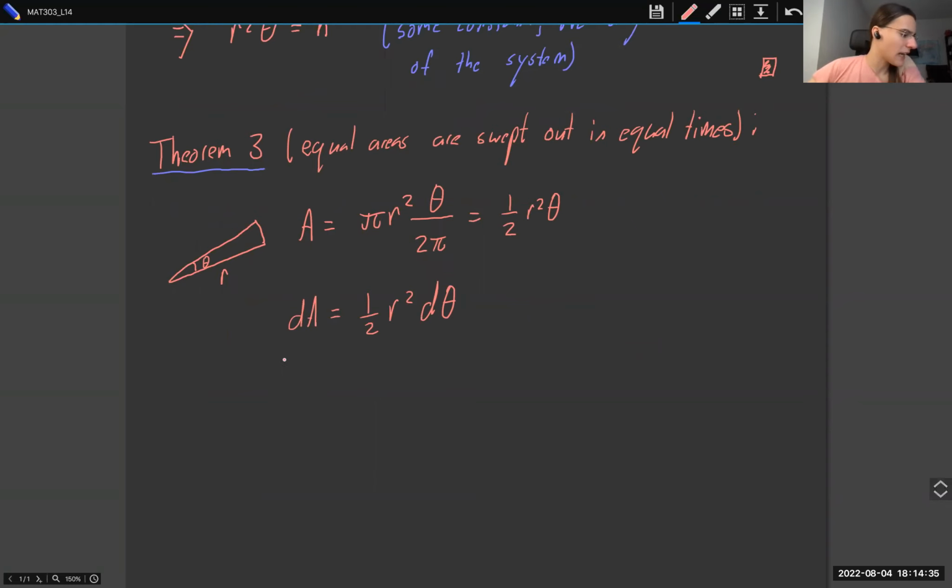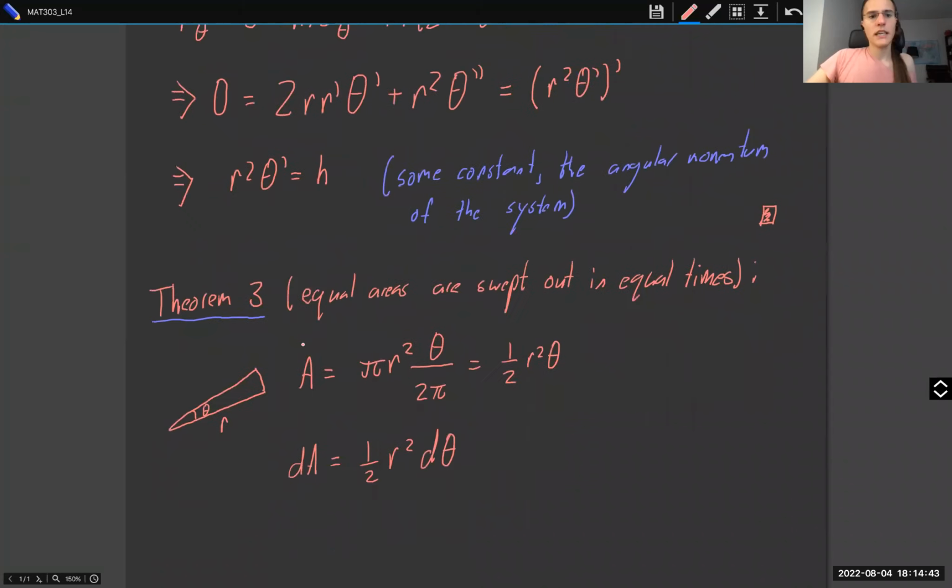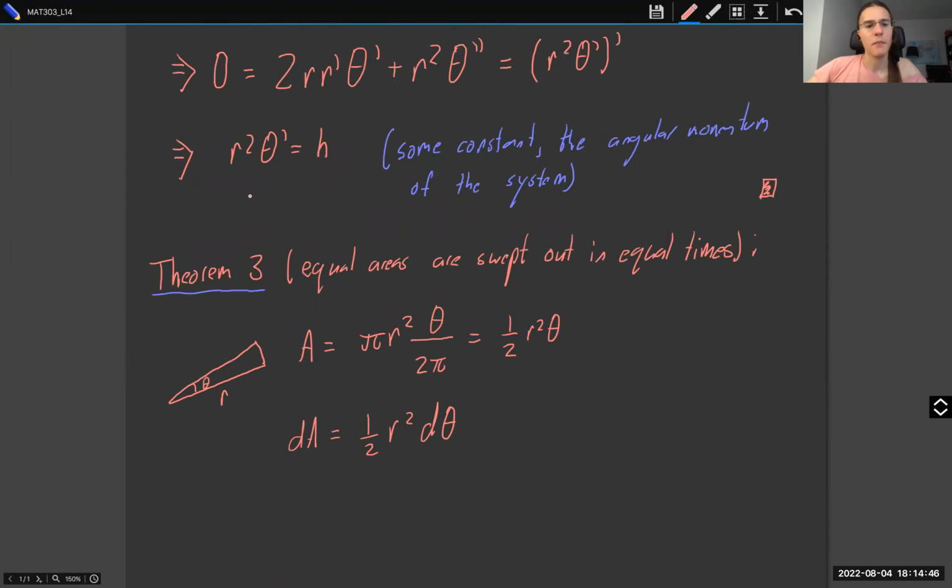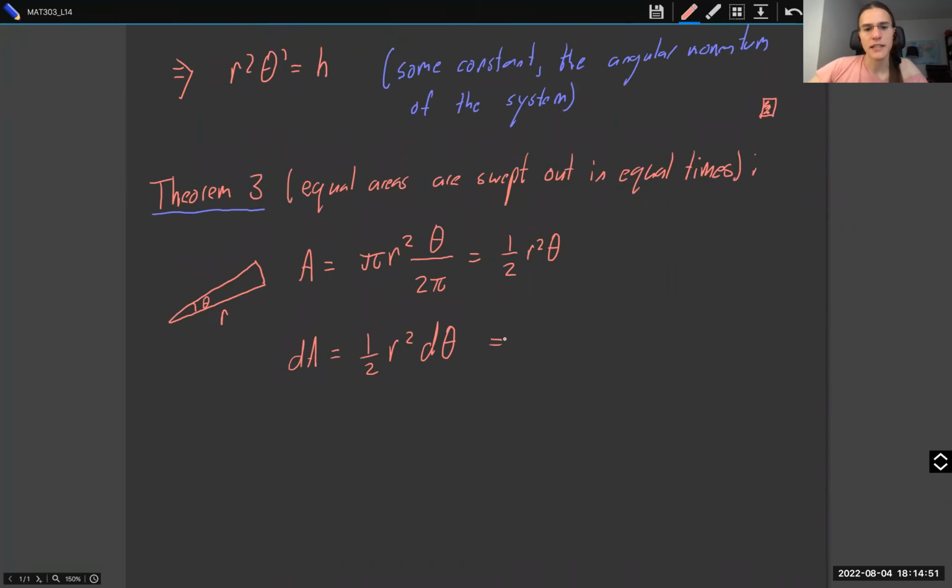So given the equation we had before, r squared theta' is equal to h, this implies that dA, or rather A', the time derivative of area, is equal to half r squared theta', which is equal to half h, this constant.